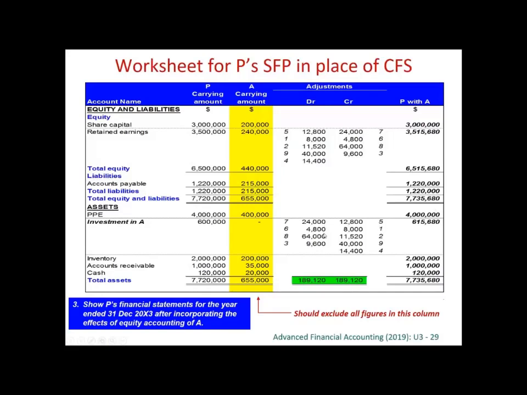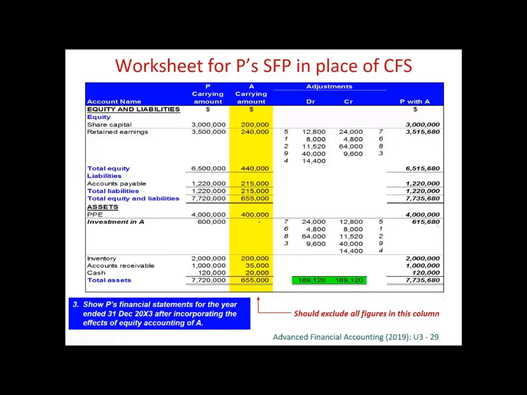And then you post all the relevant items here. So you just post all your adjustments here. And you can achieve this 615,680.